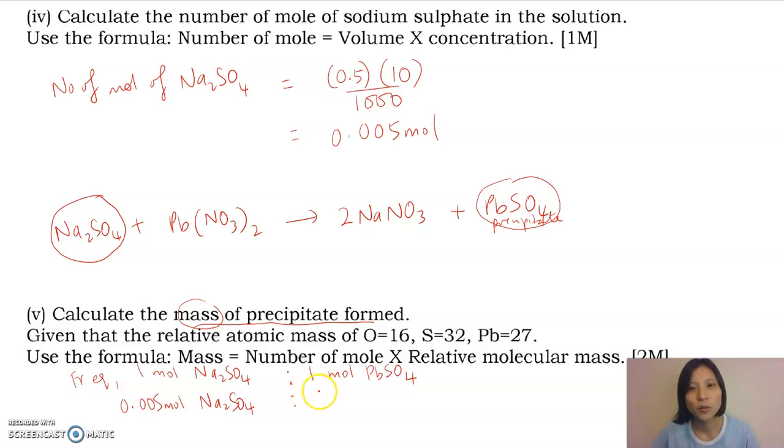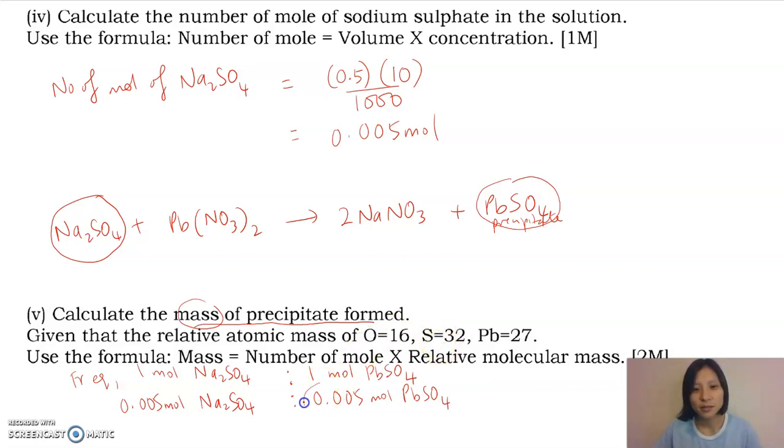Because it is a 1:1 ratio, this will also be 0.005 mole of lead 2 sulfate. Although they are the same, we need to write it out because marks are given when you show the ratio. Sometimes we take a shortcut since it's 1:1, but we still need to show it because there will be marks given.